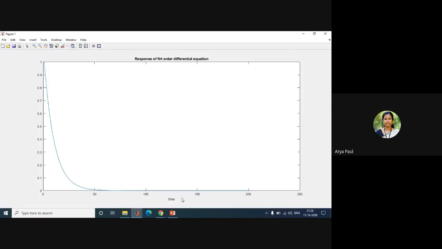So you will be getting a decreasing or decaying exponential, not an increasing exponential. Why? Because you are plotting e raised to minus 2t, not e raised to plus 2t.